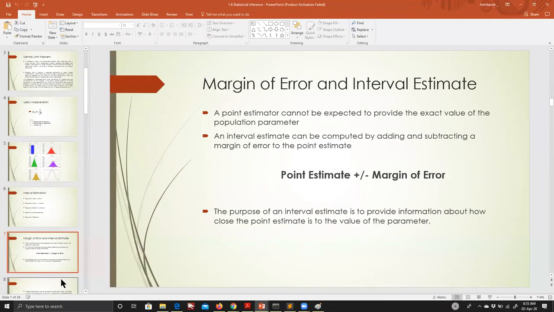Now, basically why interval estimate is important is because there is a margin of error. Do you understand this phrase, margin of error? Acceptable error, maybe? Acceptable error, okay, good. So the idea is a point estimator cannot be expected to provide the exact value of the population parameter.